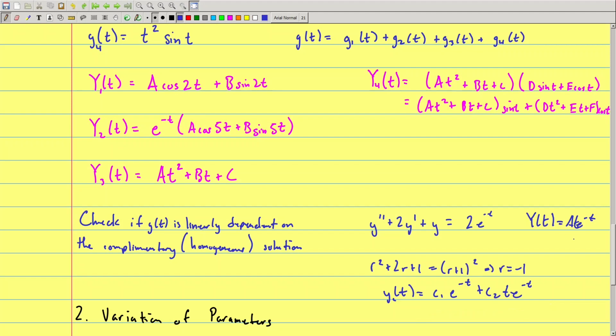In this case, one multiplication by t isn't going to do it because I already have t e to the negative t here. So I have to multiply by t squared in order to get it to not be linearly dependent.